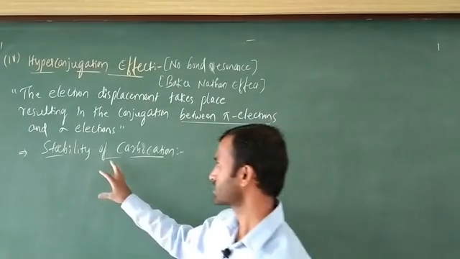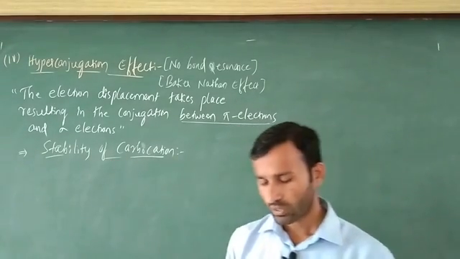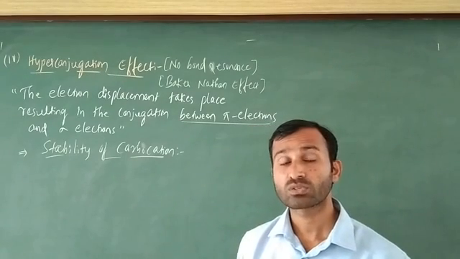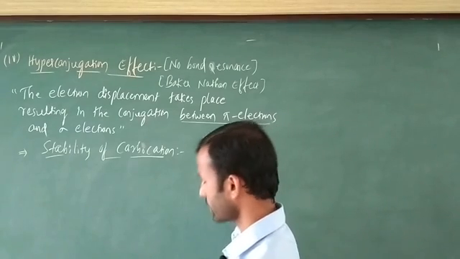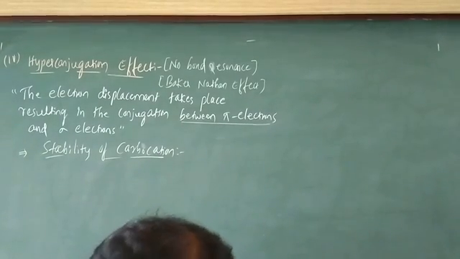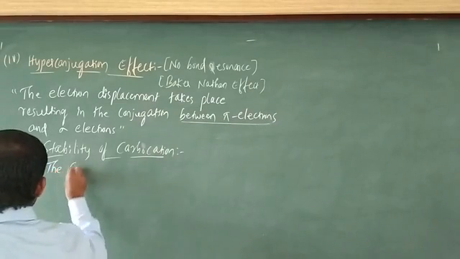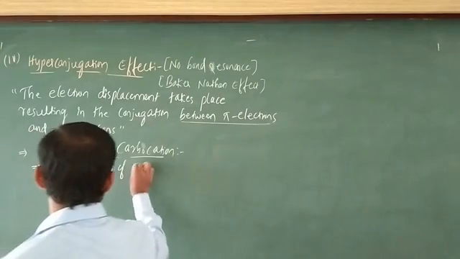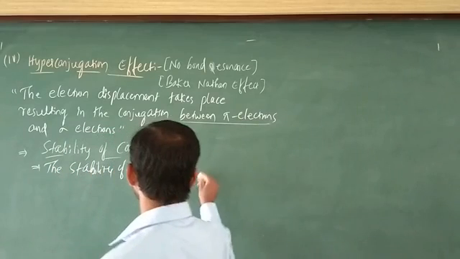In this case, the stability of carbocation. You know very well that primary carbocation is there, secondary is there, tertiary is there. Out of these three, which is more stable? Obviously the answer is tertiary. Here I am going to write the most important point: the stability of carbocation in hyperconjugation.